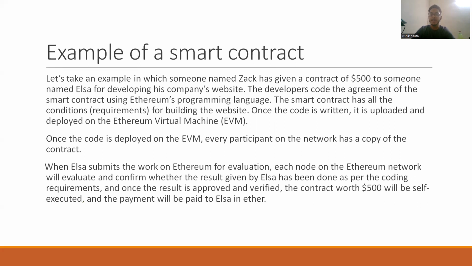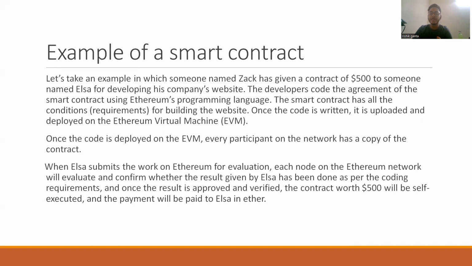Once the code is written, it is uploaded and deployed on the Ethereum virtual machine. Once the code is deployed on the EVM, every participant of the network gets a copy of the contract. When Elsa submits the finished work on the Ethereum blockchain for evaluation, each node on the Ethereum network will evaluate and confirm whether the result given by Elsa has been done as per the coding of the smart contract or not.